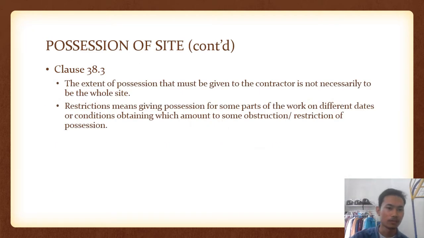Next, clause 38.3. The extent of possession that must be given to the contractor is not necessarily the whole site. The restriction means giving possession of some part of the work on different dates, or conditions which amount to some obstruction or restriction of possession.